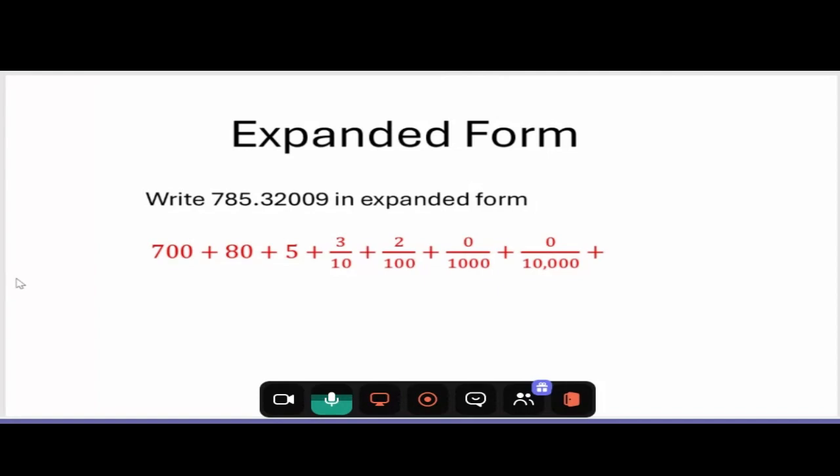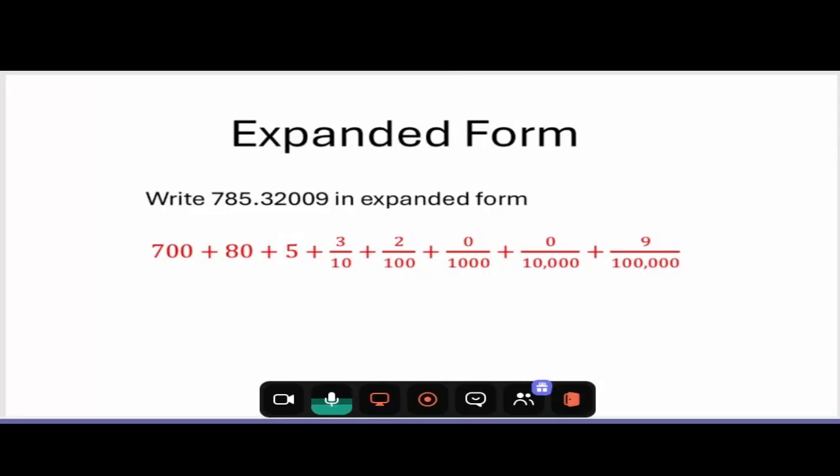Then we've got 0 thousandths and 0 ten thousandths, and then finally 9 hundred thousandths at the end. And if you're uncertain about that, draw your place value chart that we did earlier on, fill this number in, and you will see 3 is in the tenths, so 3 tenths, 2 is in the hundredths, so 2 hundredths, and 9 is in the hundred thousandths, so 9 hundred thousandths, like so.